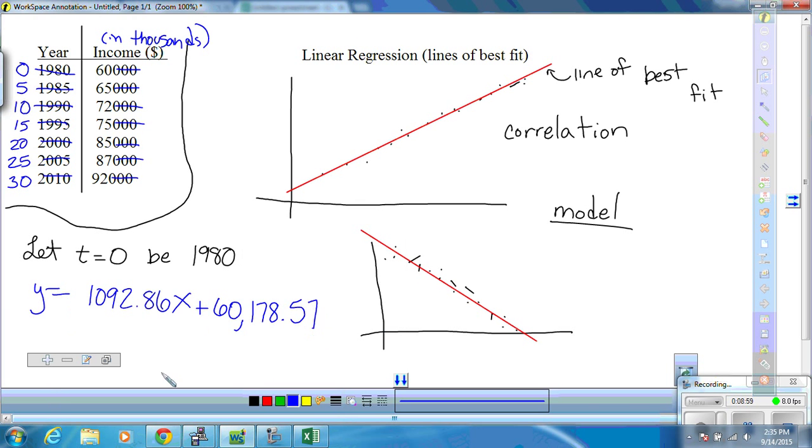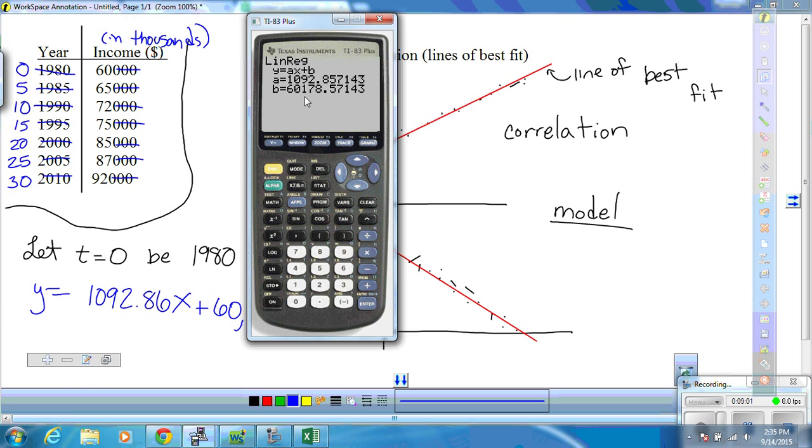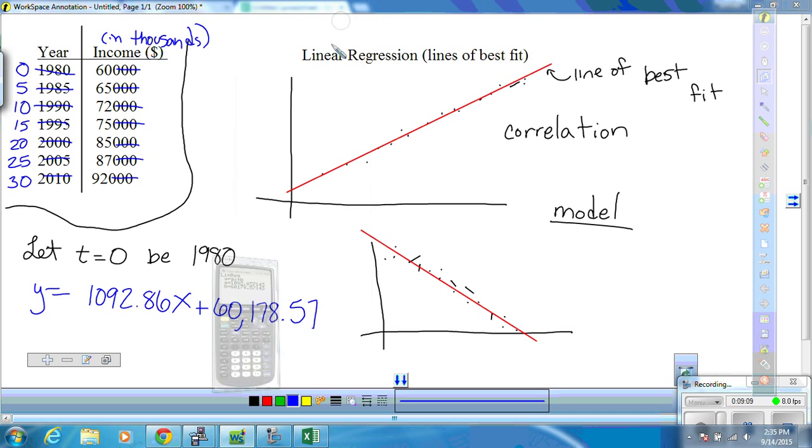All right, so notice on the calculator they give you A and they give you B, but it's y equals ax plus b. So A is the slope and b is the y-intercept. And so this is the equation of the line that would go through all of those data points.